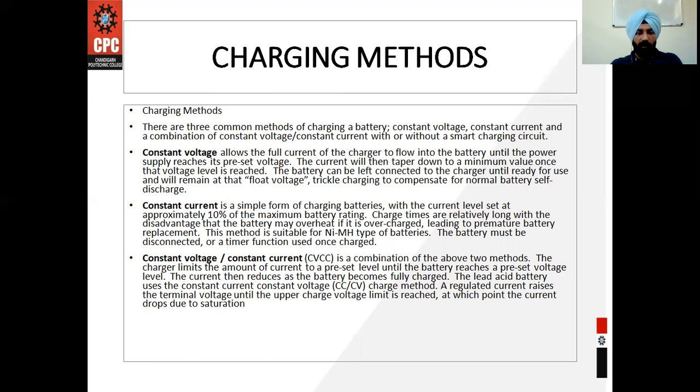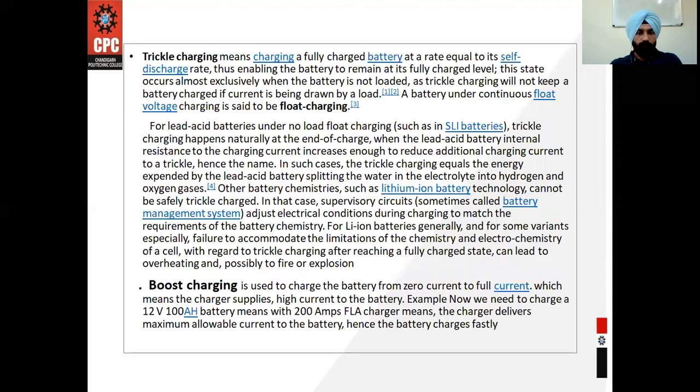Lead acid batteries use the constant current, constant voltage charging method. A regulated current circuit raises the terminal voltage until the upper charge limit is reached, at which point the current drops due to saturation.